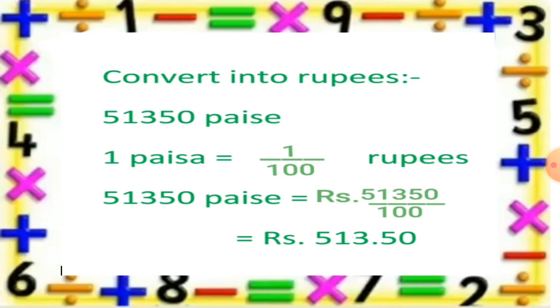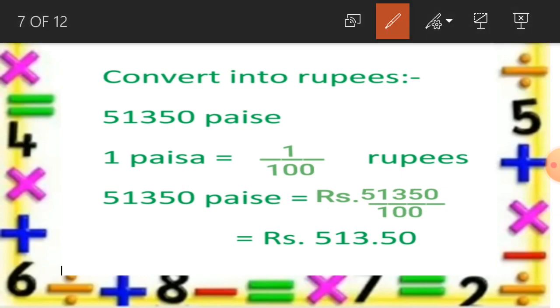Come to the next question. Convert into rupees again. First of all, we will write 1 paisa is equal to 1 by 100 rupees. So again, we divide paisa by 100. We get rupees 513.50.